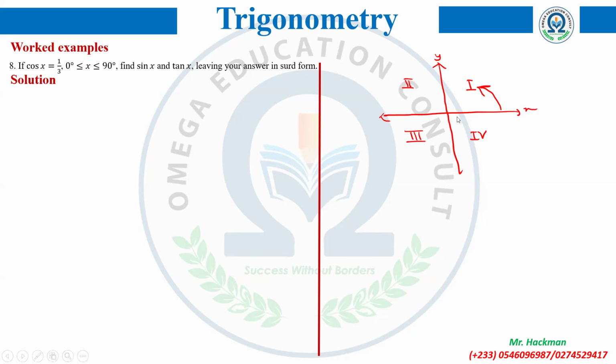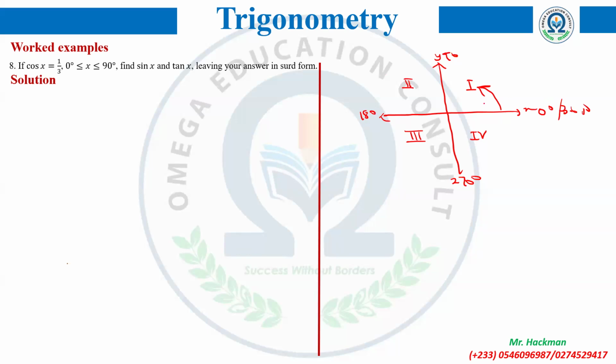If you take this quadrant, your angle here is between 0 degrees and 90 degrees. This becomes 180 degrees. This becomes 270 degrees, and 0 degrees will coincide with 360 degrees. So let me disable my notations. All right, so this is what we have.